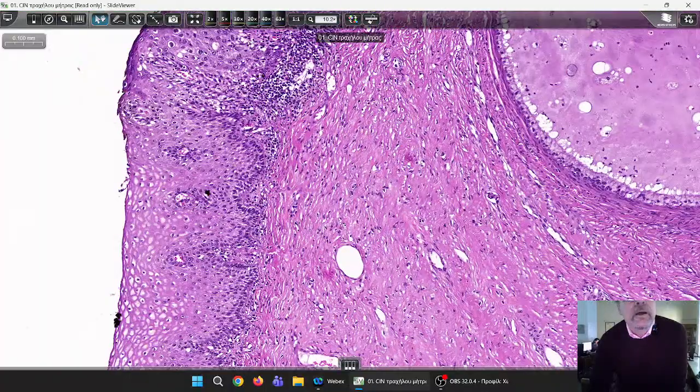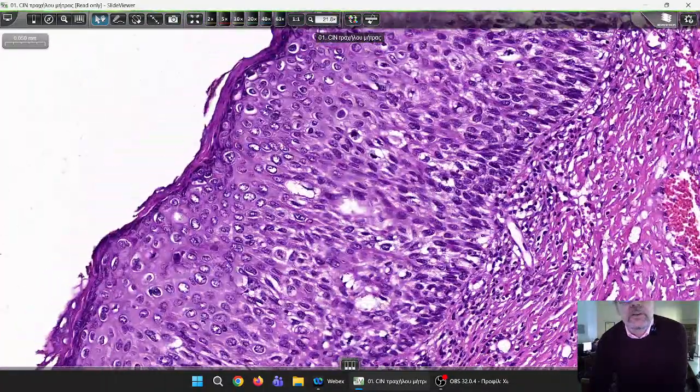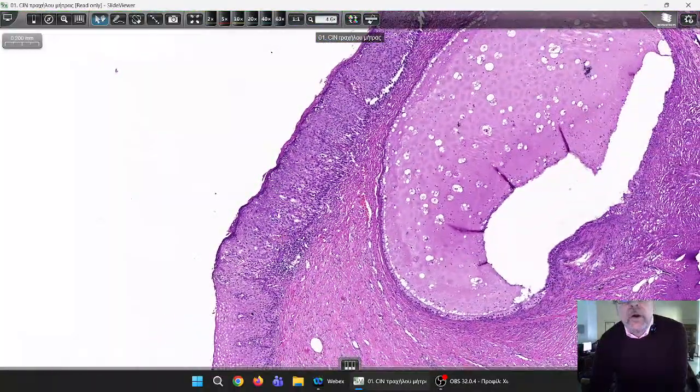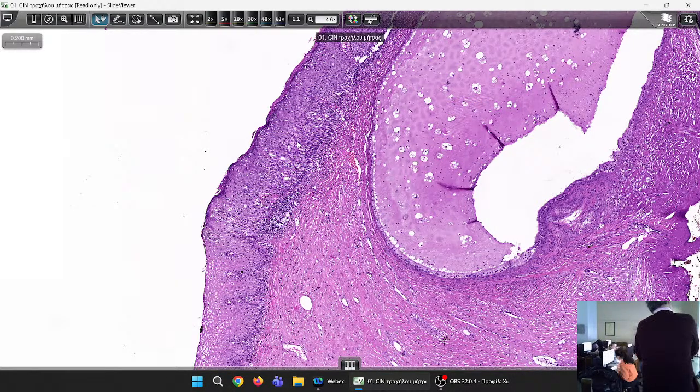However, this maturation is not evident in this part. So, this is consistent, compatible with the high-grade SIL. That means there are atypical cells occupying more than 2/3 or the whole thickness of the squamous epithelium.